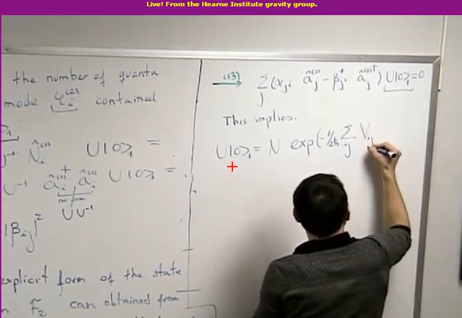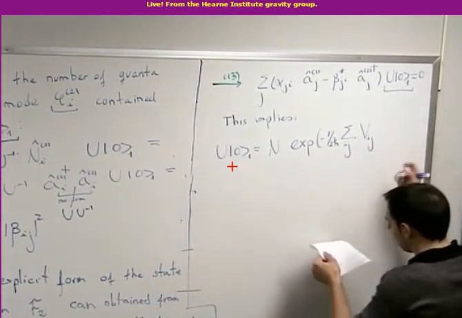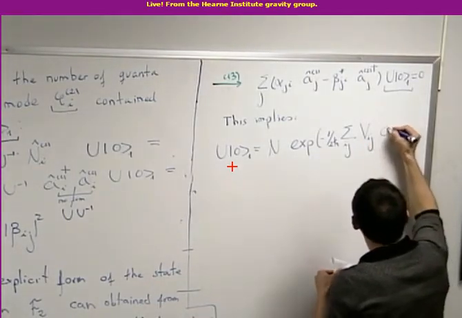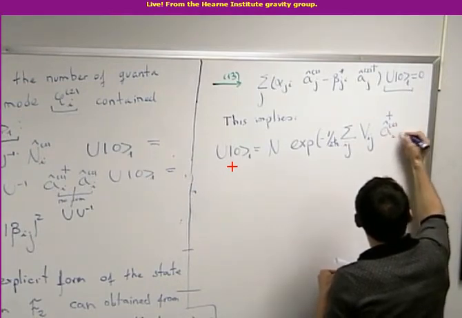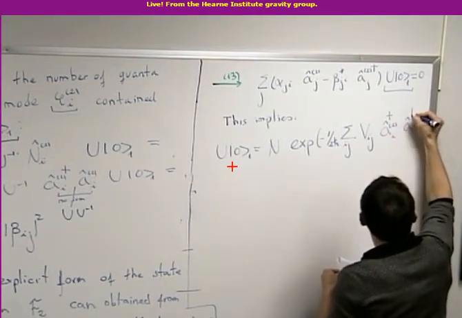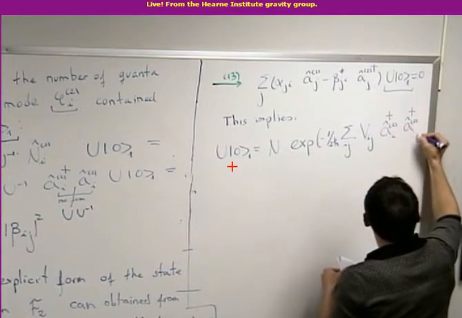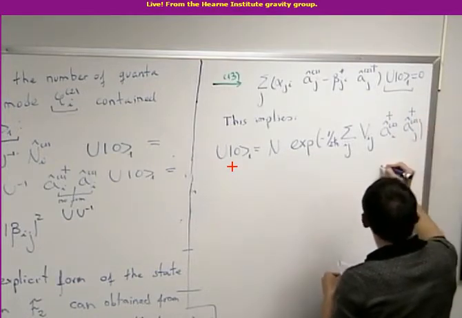The only thing is that we have now two indices here that we have to sum over, acting on the vacuum 2.